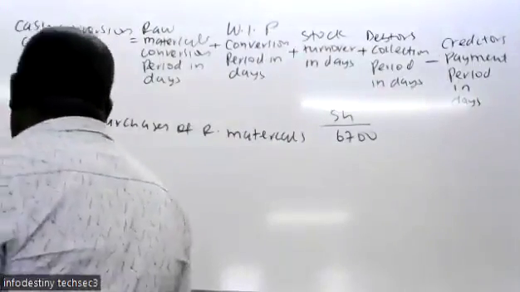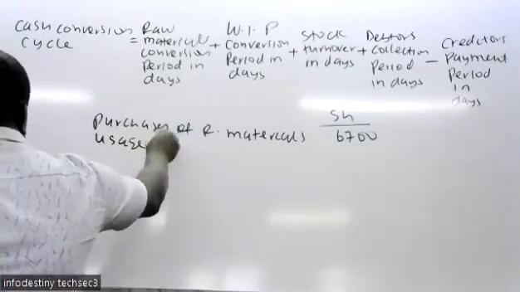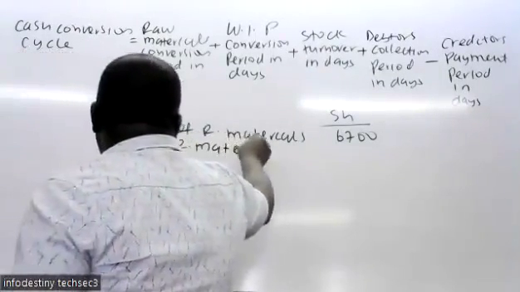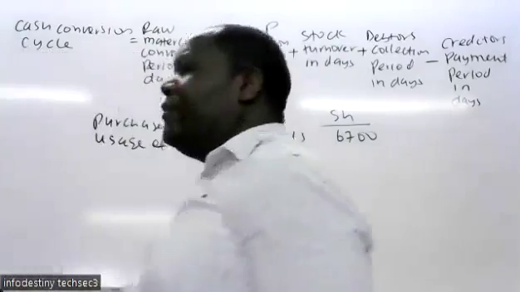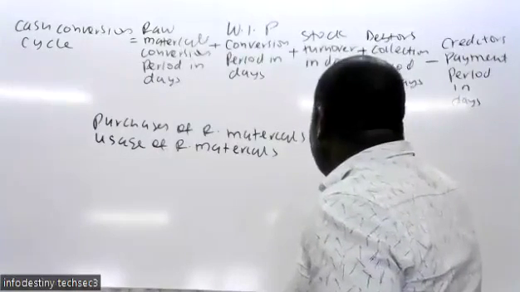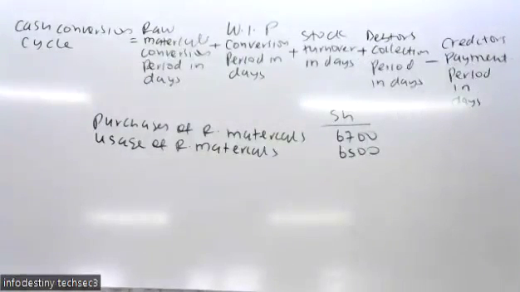The next one would be usage of the raw materials. Usage of the raw materials is 6,500.